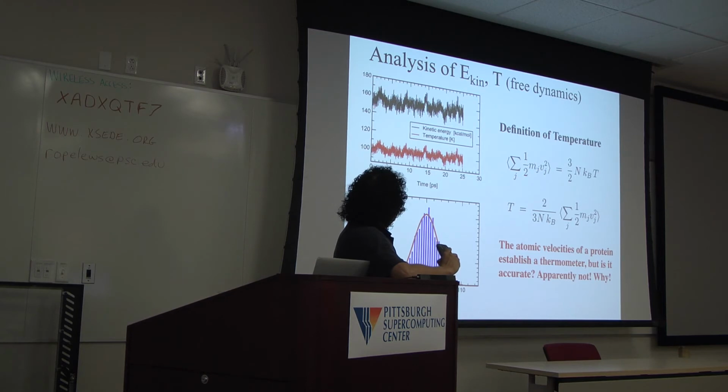So why do you think? We're doing NVE in this case. Why is the kinetic energy fluctuating? Where is that energy going? It's in the potential energy, right? There is an interplay between the potential and the kinetic.